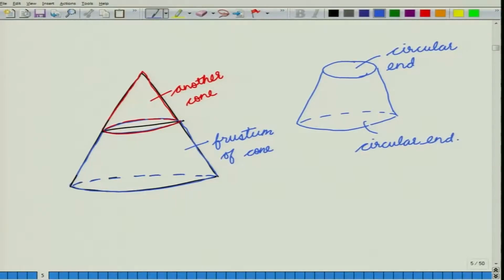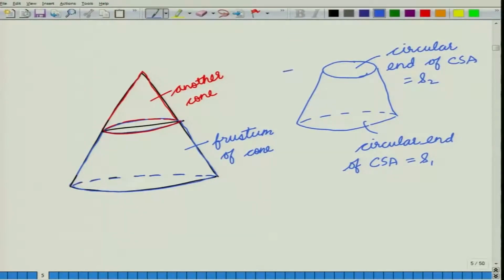Both these ends have their own sectional areas. This circular end has cross sectional area equal to S1 and here the circular end has cross sectional area equal to S2.